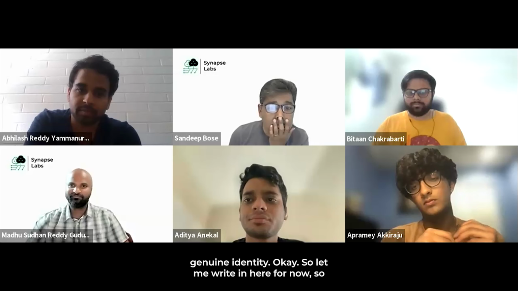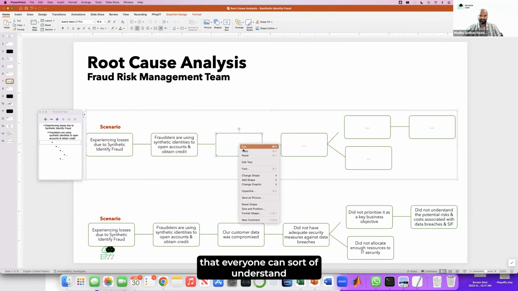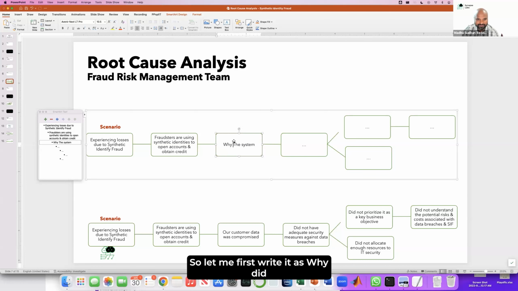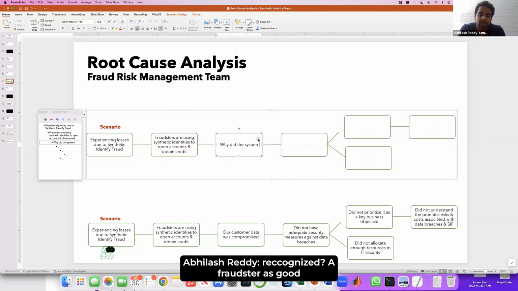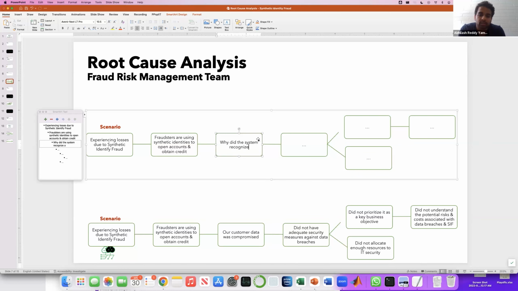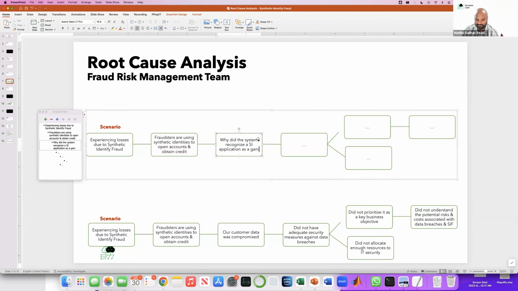Okay, let me write it here for now so that everyone can understand. Let me first write: why did the system recognize a fraudster as a good user? Or a fraudulent, synthetic account, or let's say application, as a genuine application.